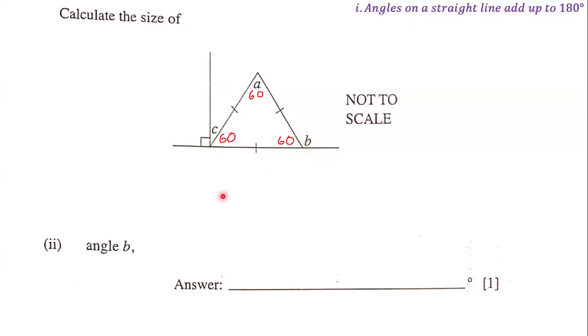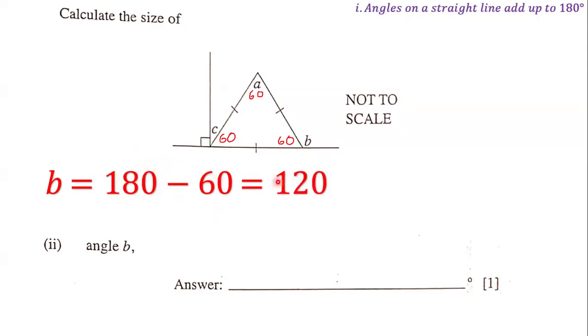And so in order to determine the size of angle B, we take 180 and subtract 60. And 180 minus 60 is 120. And so that means that the size of angle B is 120 degrees.